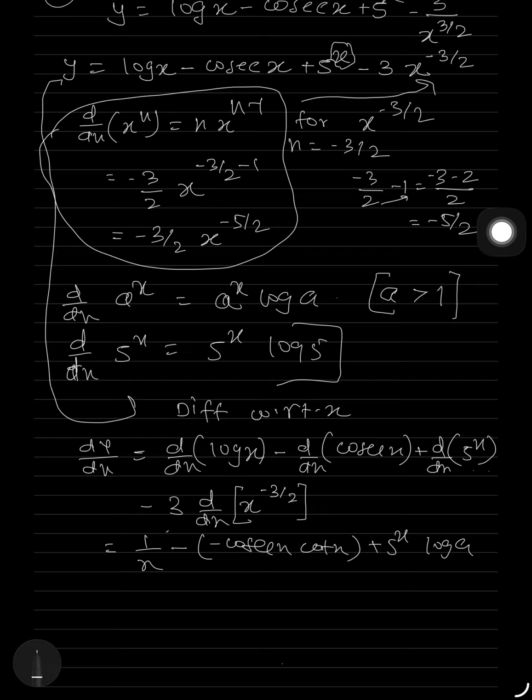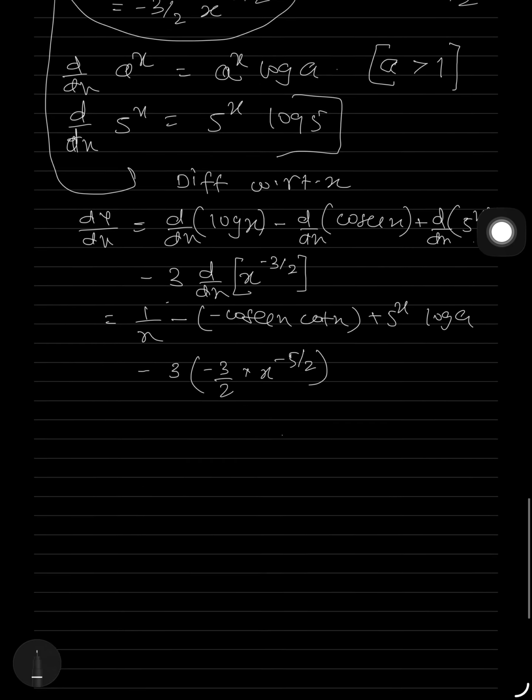Over here this is considered a scalar multiple, 3 is a multiple with the function. We consider 3 as a constant and put it out. So minus 3 into the derivative of x raised to minus 3 by 2, which we found here, that is minus 3 by 2 into x raised to minus 5 by 2.